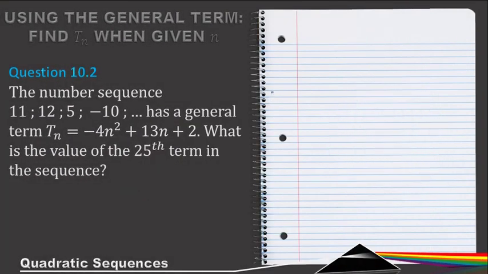The number sequence has a general term Tn equals negative 4n squared plus 13n plus 2. What is the value of the 25th term in the sequence?